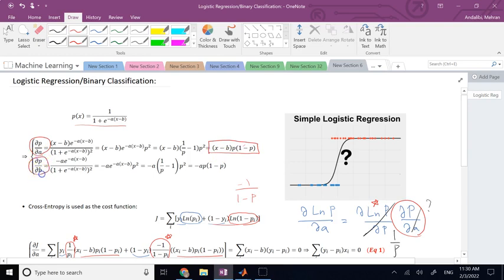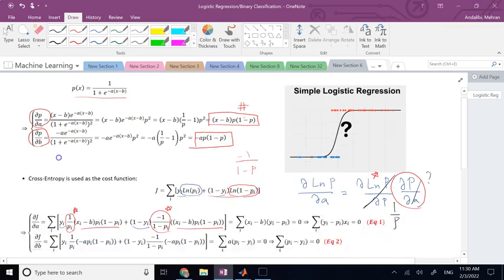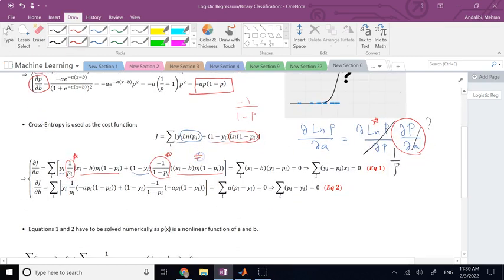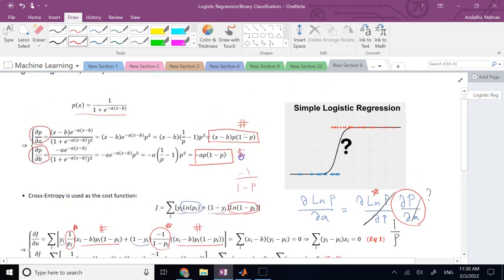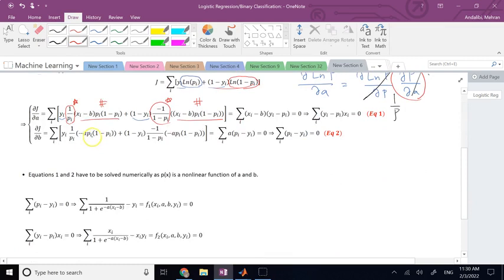Similarly, partial of p with respect to b is going to be negative a times p times 1 minus p. So you use those guys. You see this one here. Look at that. You can see it here. And then this one, you can see it here.